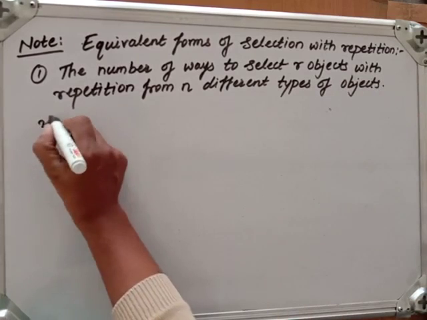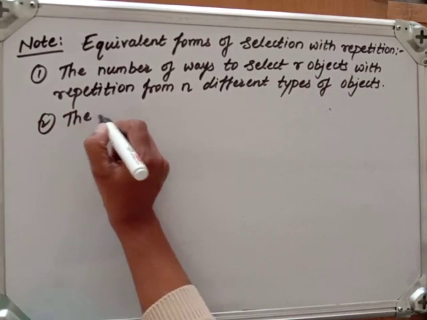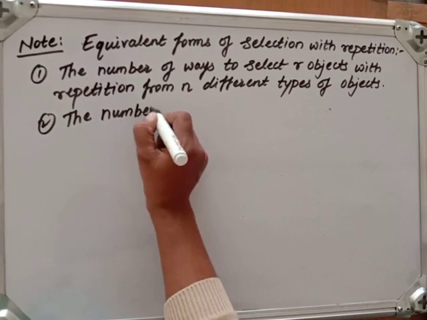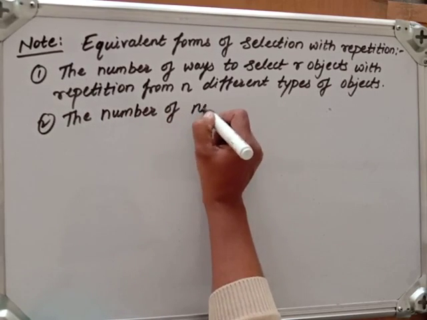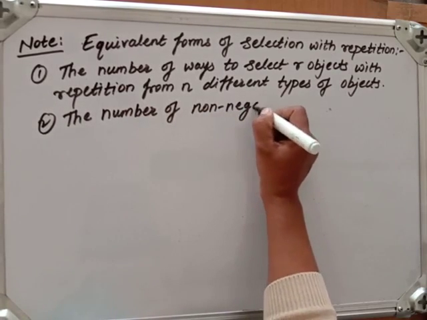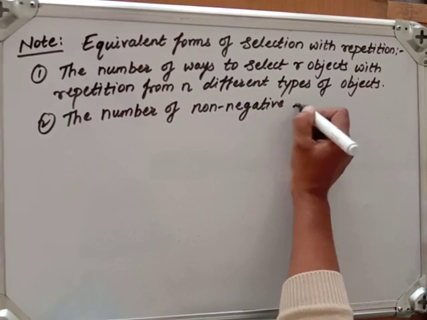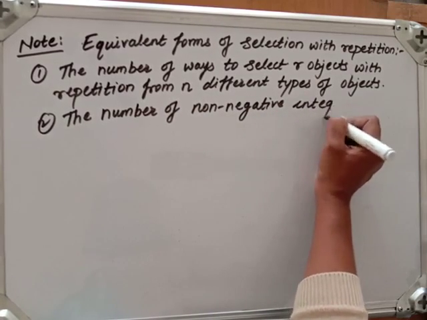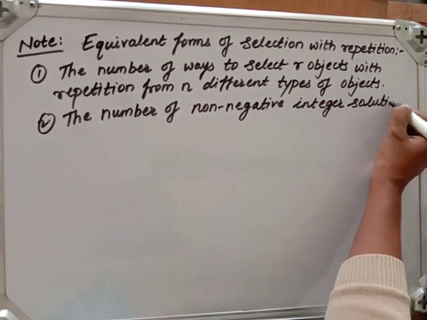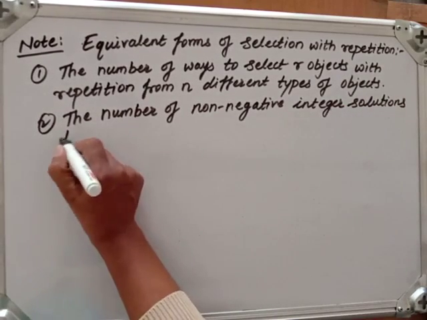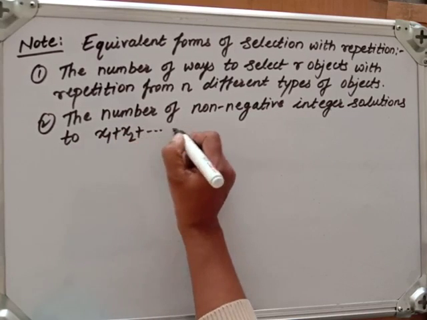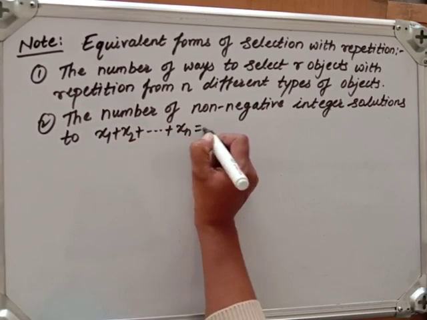Okay, then the second equivalent form: the number of non-negative integer solutions to x1 plus x2 plus so on up to xn equal to r.